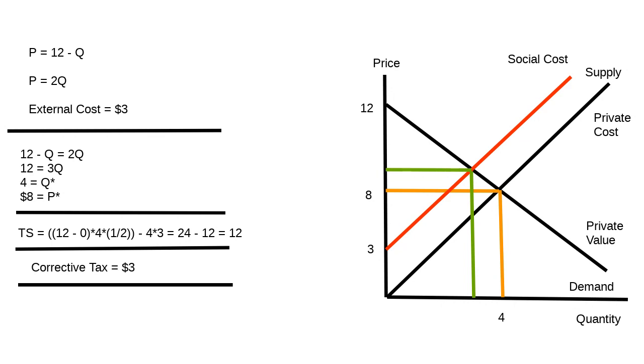And so the new equilibrium quantity will be 3. And then the equilibrium price will be 9.